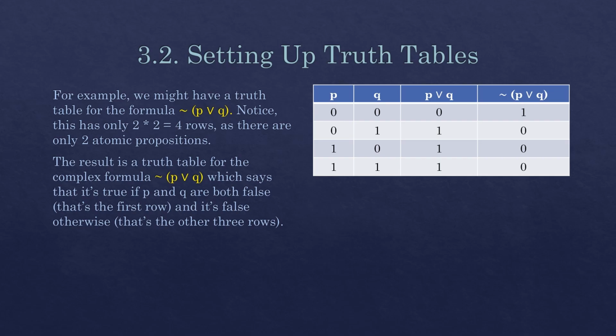Okay, that's all for today's discussion, and our next video will be about setting up truth tables for each of the logical operators. Here we will have completely different, independent tables for the disjunction, for the conjunction, for the conditional, for the biconditional, and for the negation.